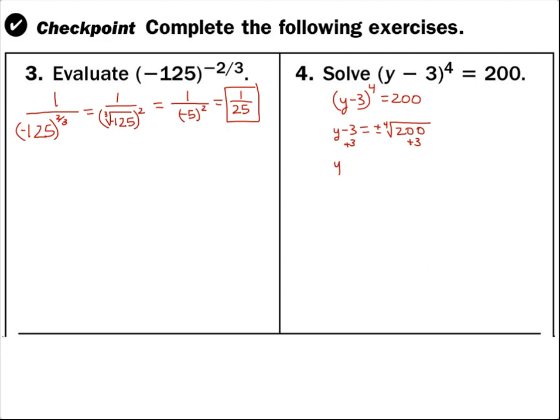You get y equals 3 plus or minus the 4th root of 200. And if you want exact answer, there you go. If you want an approximate answer, we're talking about 6.76-ish or negative 0.76-ish.